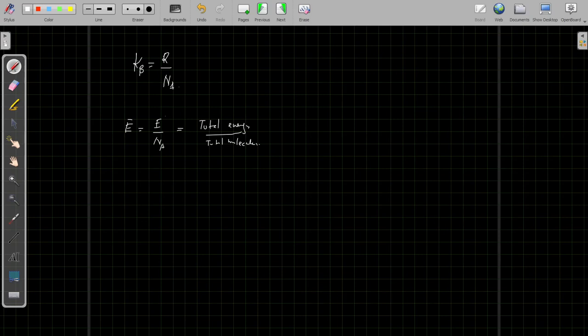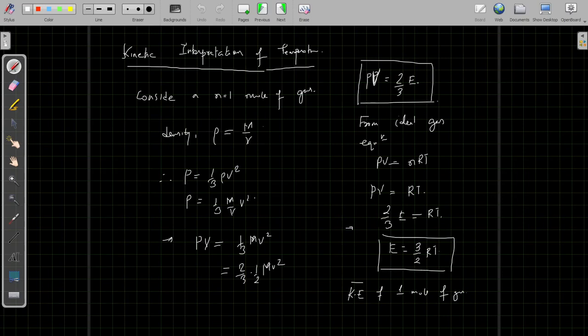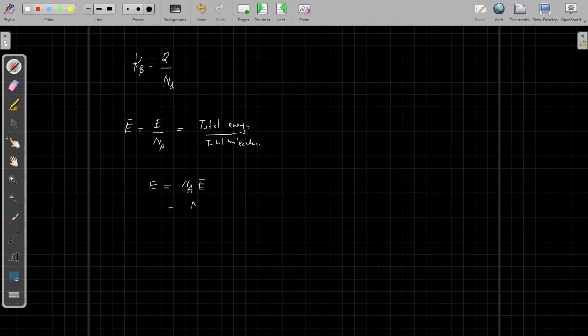Therefore, E would be equal to Na into mean kinetic energy per 1 mole. Therefore, we can write E equal to 3 by 2 RT.